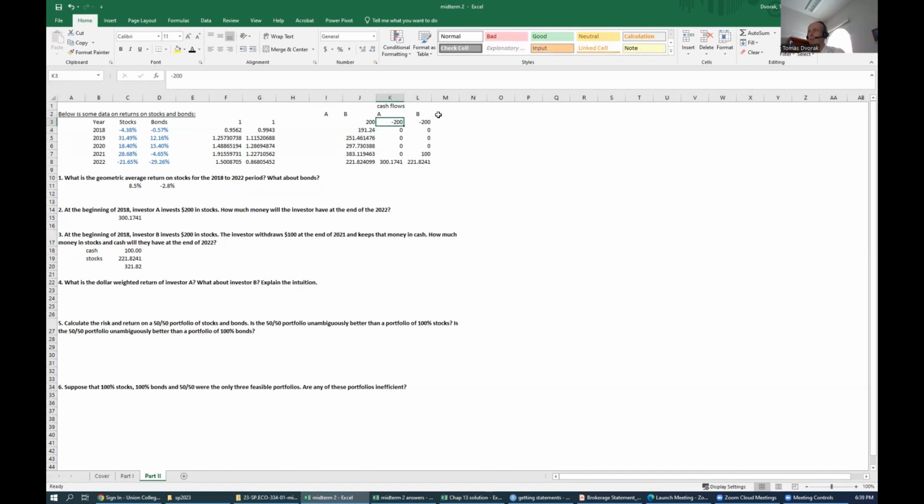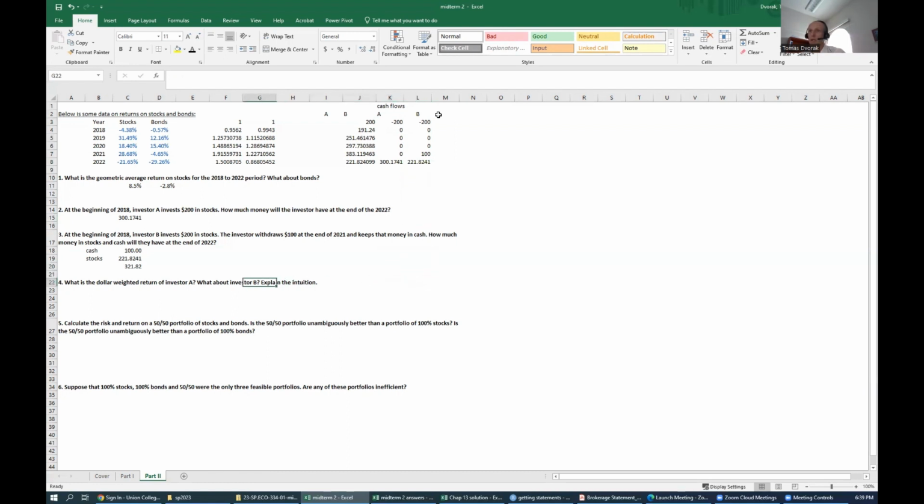This is the buy and hold investor. They have a negative cash flow. They invest 200 and they cash out 300 at the end. No positive cash flows in between. Investor B puts in 200 and they take out 100 at the end of 2021 and take out the rest of the money at the end of 2022.